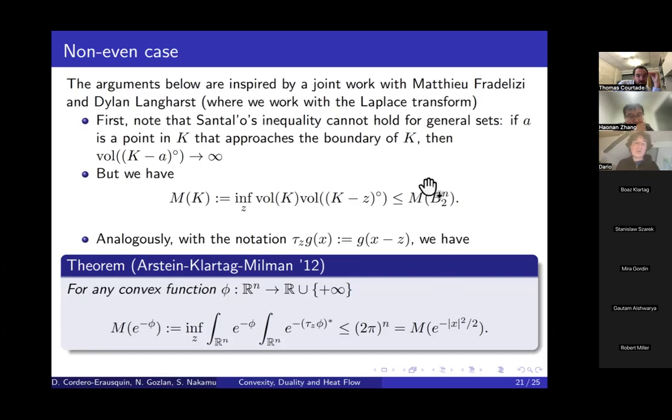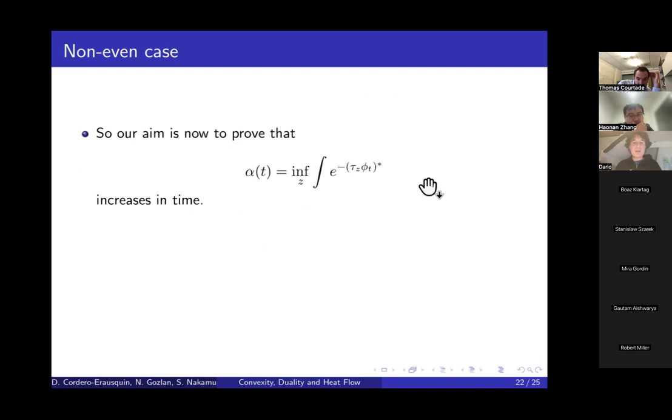So we would like to have a semigroup proof of this result. Again, what I need to check now is that when I look at the infimum over all translations of the same integral as before, but here I have translations now, T_z phi t, I would like to prove that this increases in time.